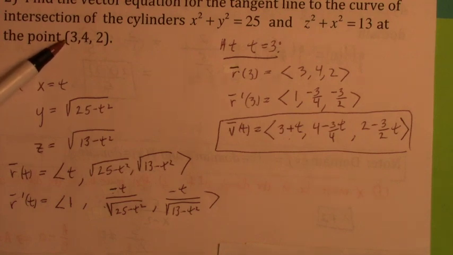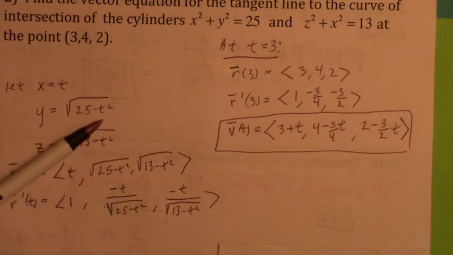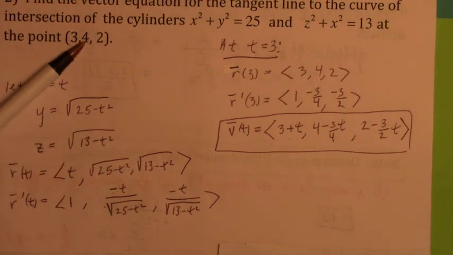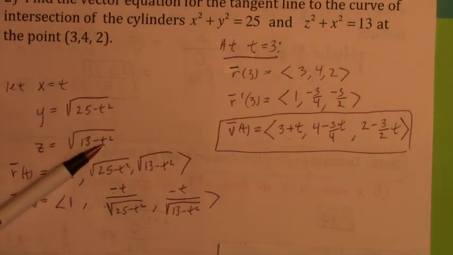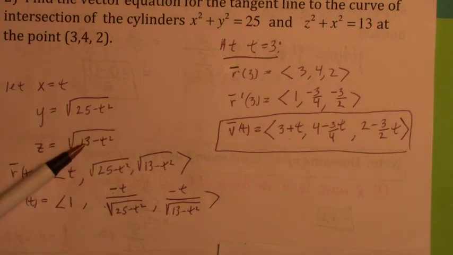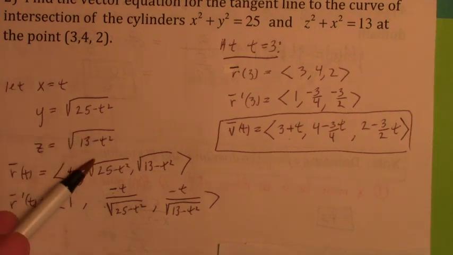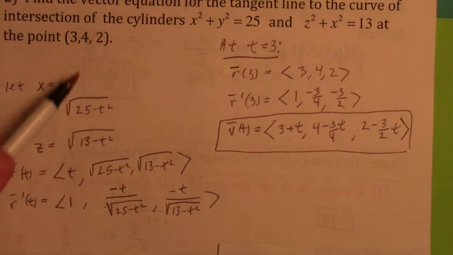Look closely. When t equals 3, x would be 3. y is 25 minus 9, square rooted, which happens to be 4. z is 13 minus 9, which is 4, whose square root is 2. This is right.